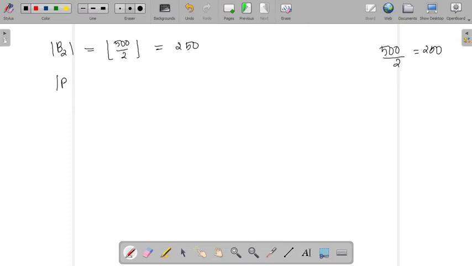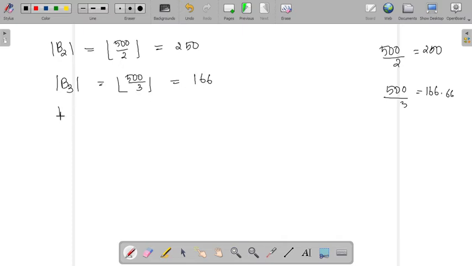Now cardinality of B3: 500 by 3 is 166.66, so the number of divisors will be 166, the integer function of 500 by 3.